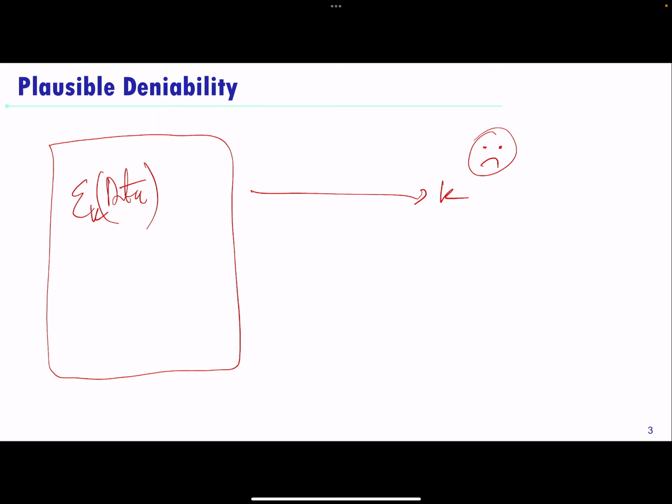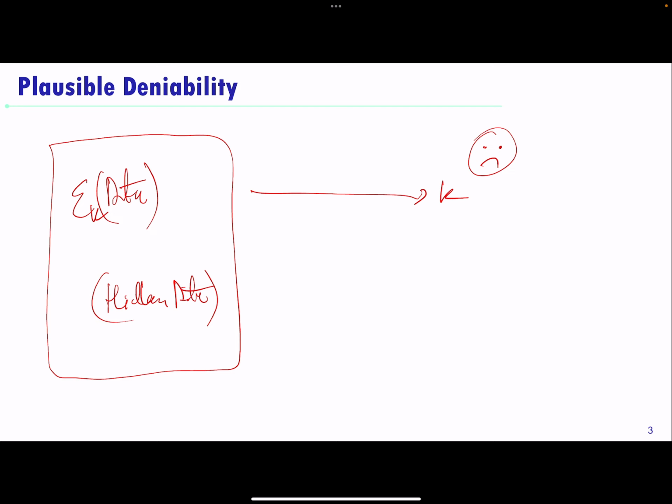But at the end of the day, also allow yourself to additionally hide additional information. I'm talking about plausible deniability for storage. Plausible deniability has a bigger story that has to do with plausibly denying actions or interactions or other things. I'm talking about storage right now. So you're going to have the ability to also have some hidden data here, and you're going to be able to somehow store this hidden data on the same device, while still being able to plausibly deny that you actually have this hidden data.